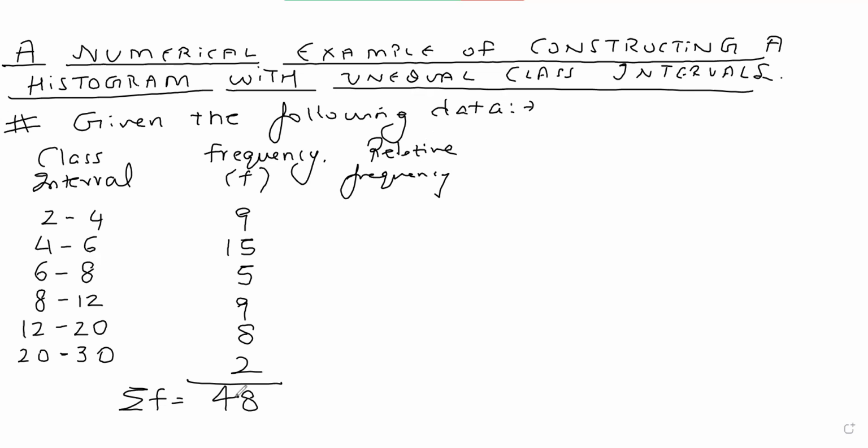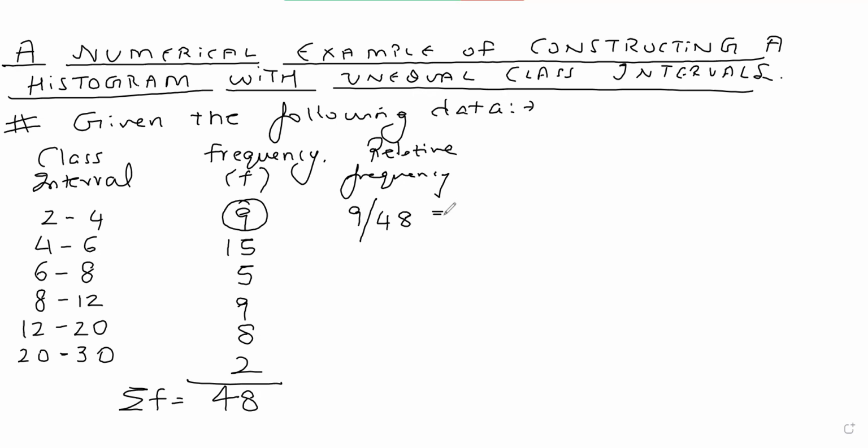So 48. If you add them up, you get 48. I hope all students are clear with this. And then how do I calculate relative frequency? The frequency of that particular class divided by the total frequency gives me the relative frequency.